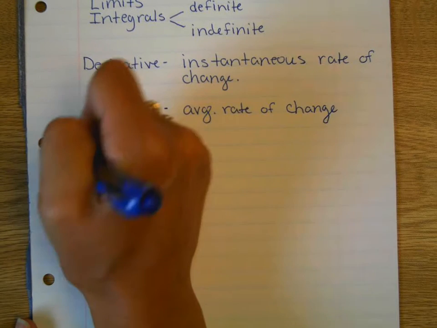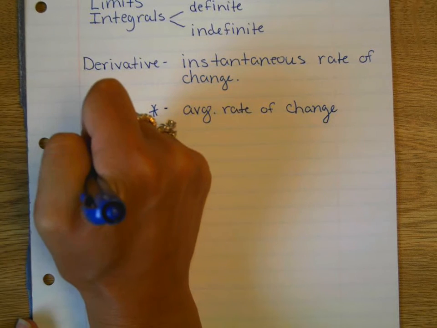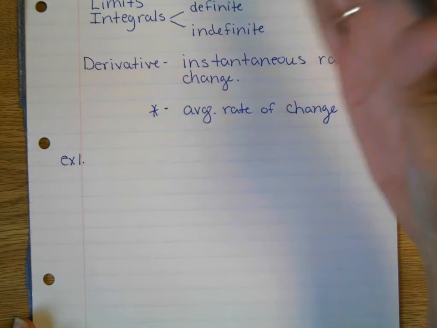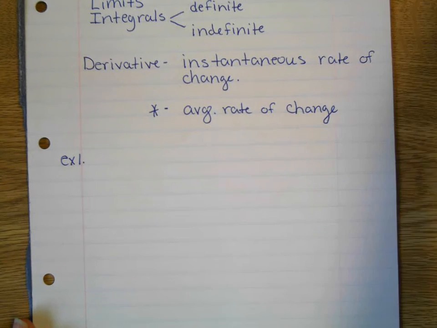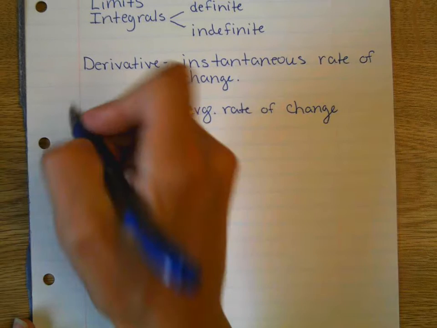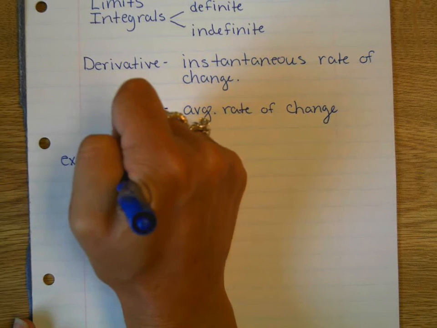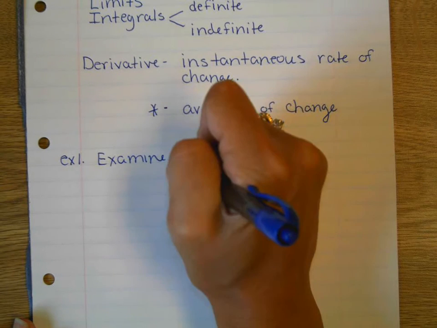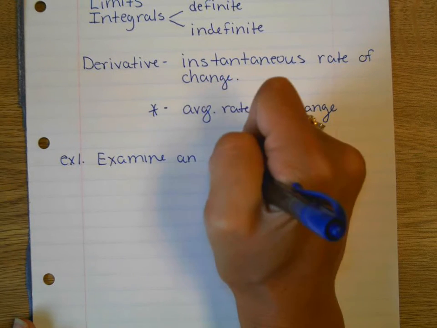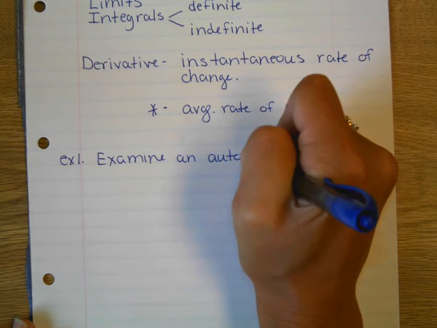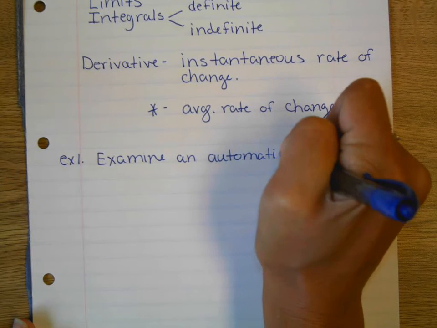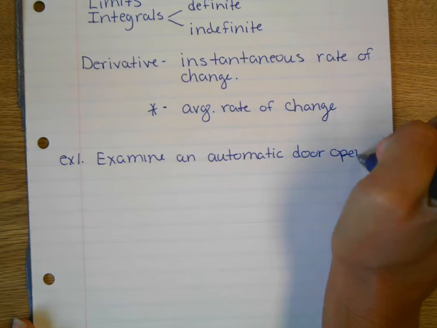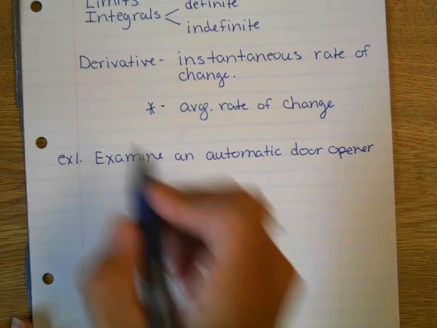Our situation is going to be one of those automatic door openers. You know, when you walk into a building and you hit the button and the door swings open, gives you time to walk in, then it closes automatically behind you. So we're going to examine an automatic door opener. And this is what happens.